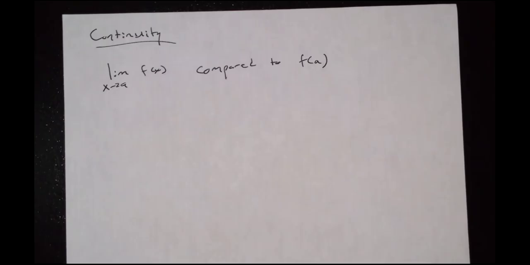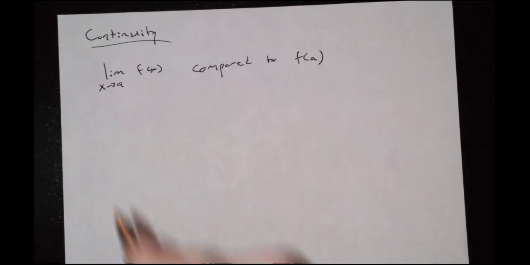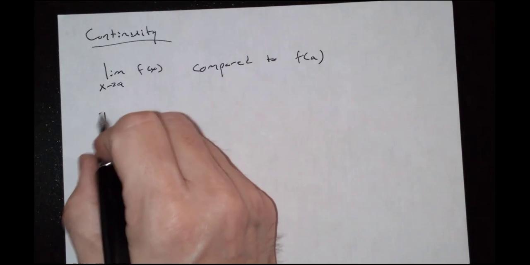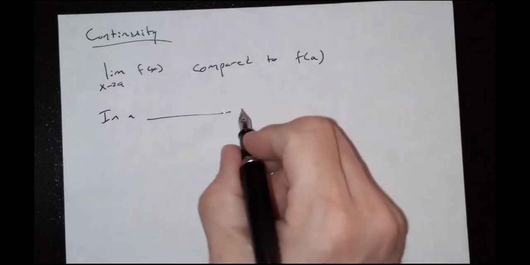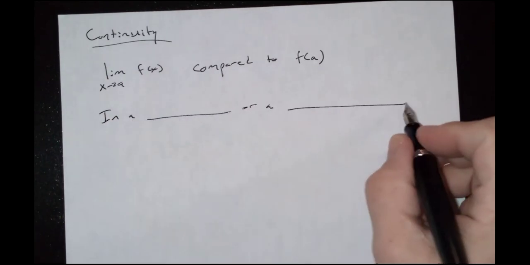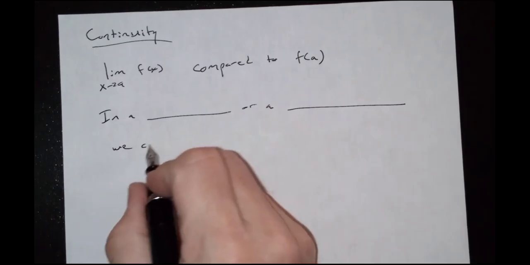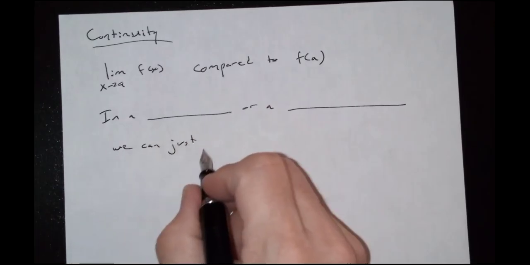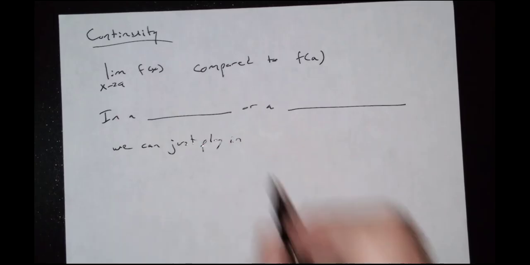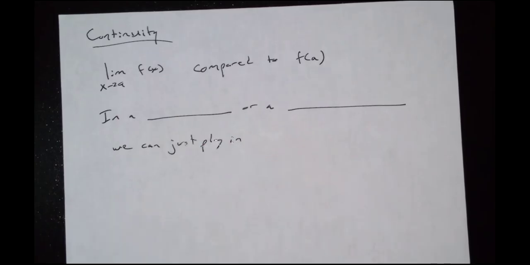So we had two examples. There were two types of functions that I've already given you, where we know we can just plug in. What are those two types of functions?